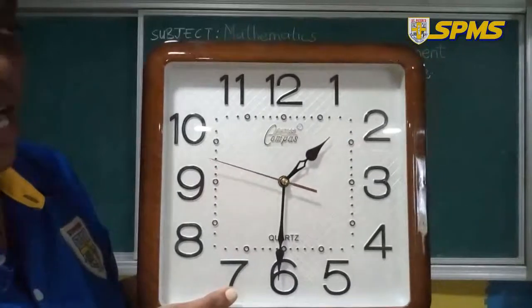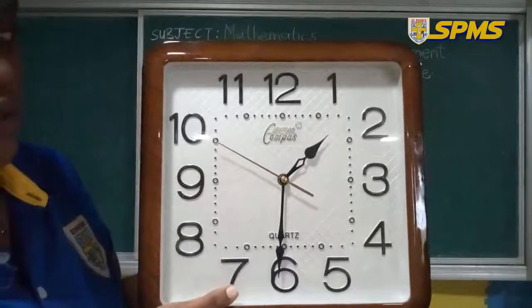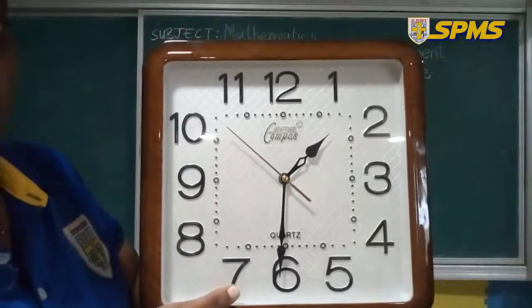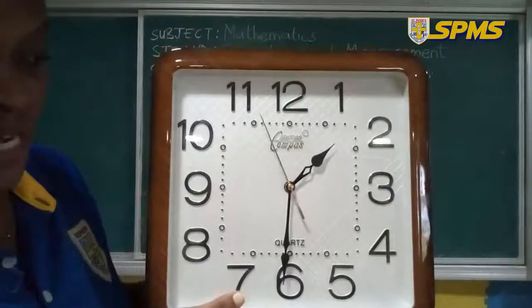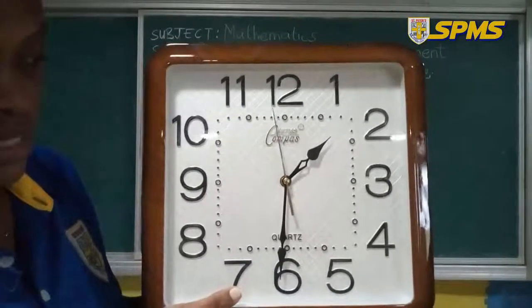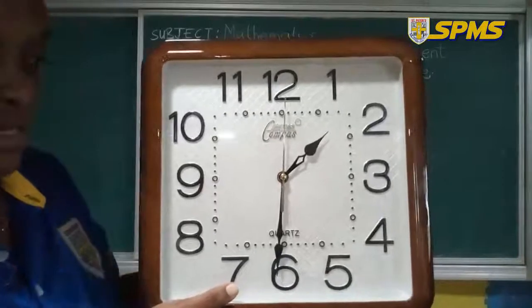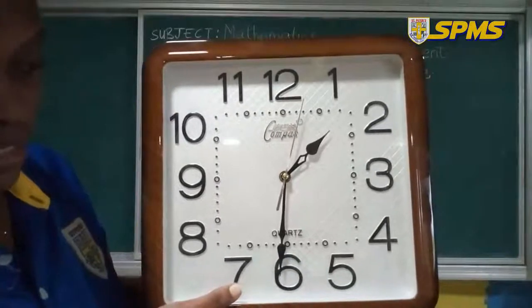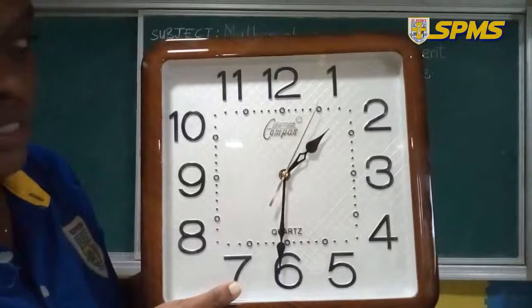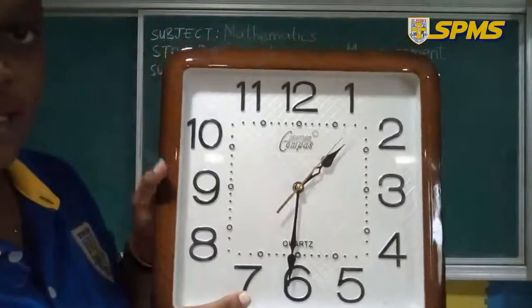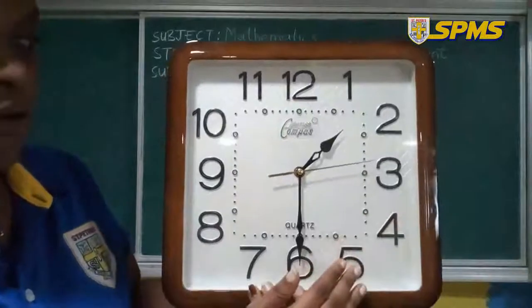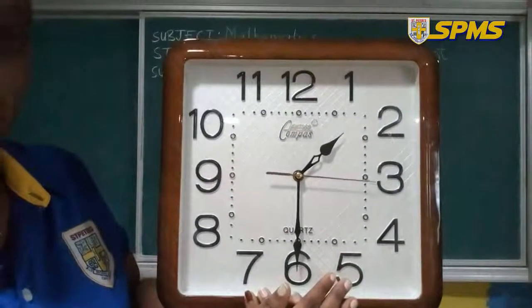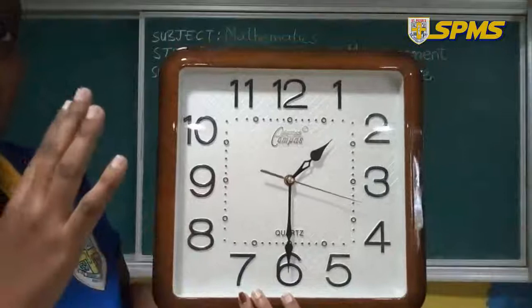So what says the time? Look at the hour hand. 1. And then our minute hand is on 6, which gives us 30 minutes. So the time is what? 1:30.